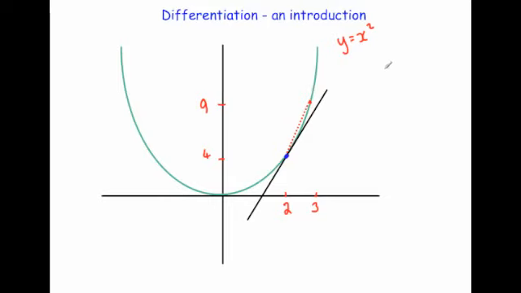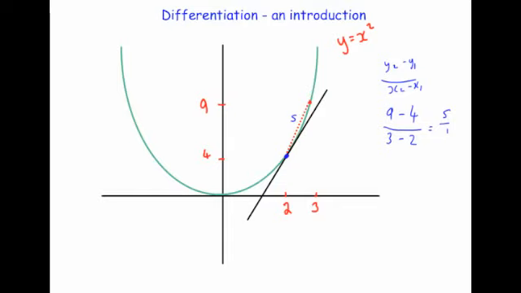So the gradient, remember, is y2 minus y1 over x2 minus x1. Well, y2 would be 9, subtract 4, divided by 3 subtract 2. 9 subtract 4 is equal to 5, and 3 subtract 2 is equal to 1. So the gradient of this line is 5, which is quite large.